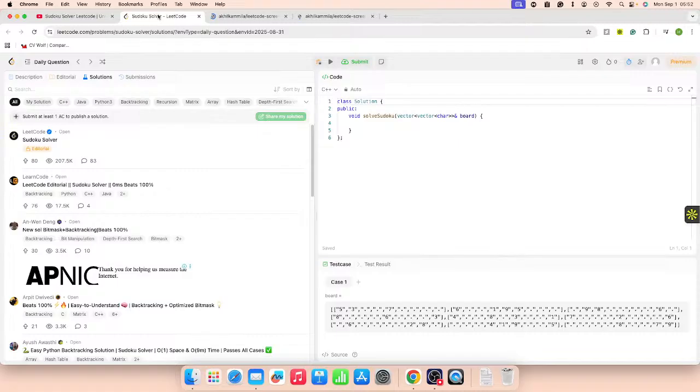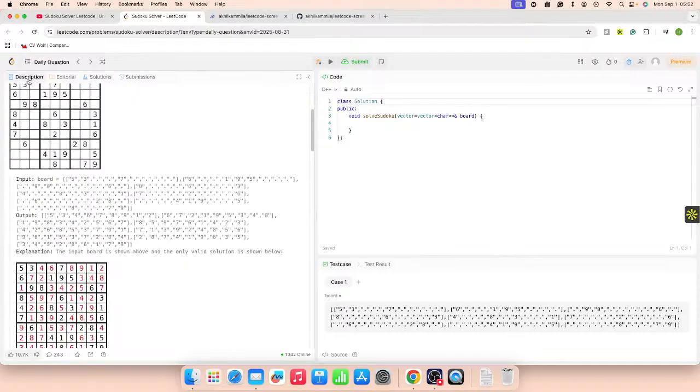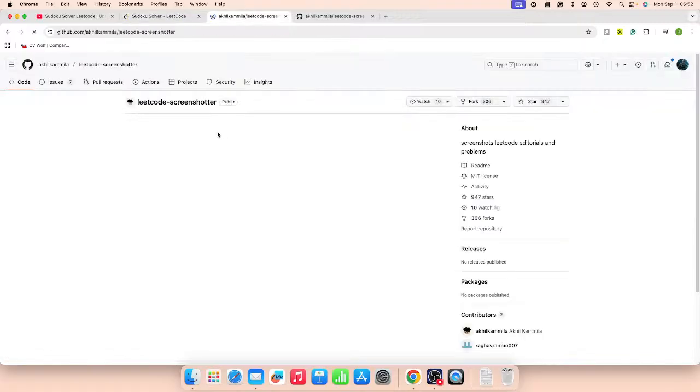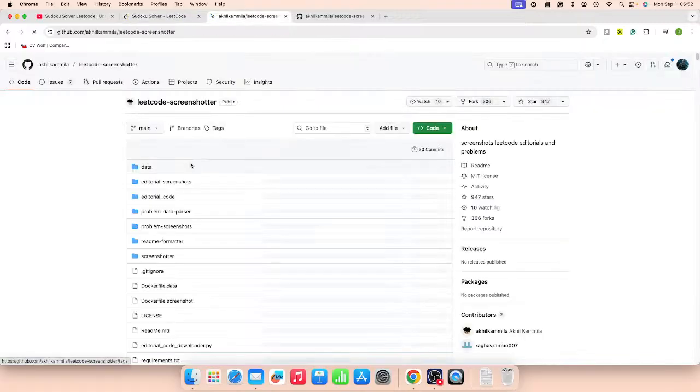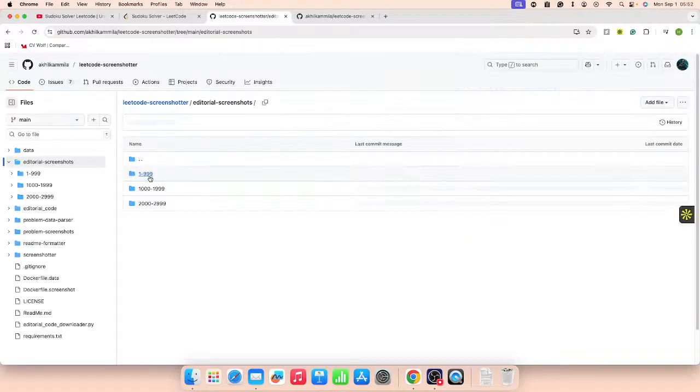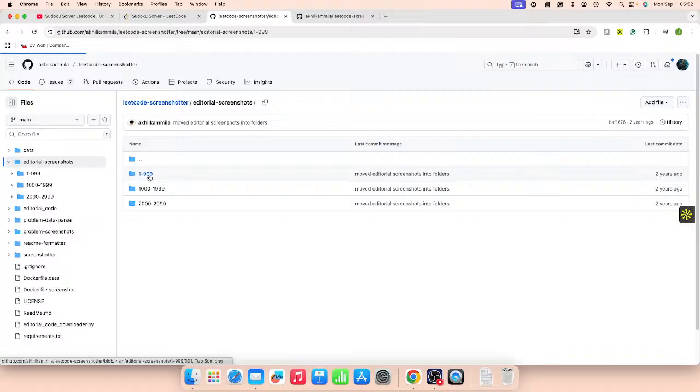So this problem number is 37. Wow, this is a very early problem, right? Let's go to the tutorial, problem data parser, it will have screenshots. And here we go. So this is 37, right?